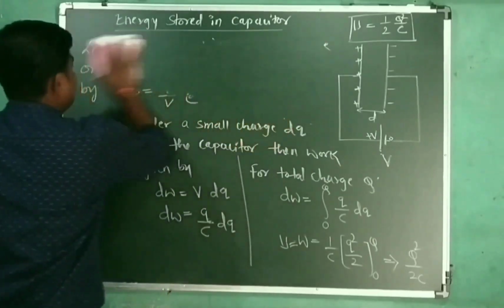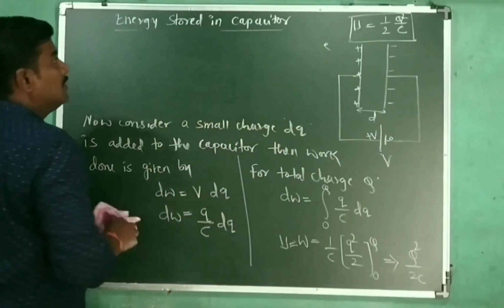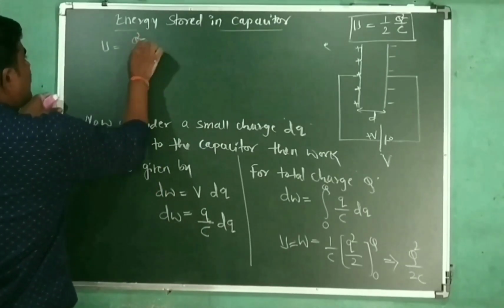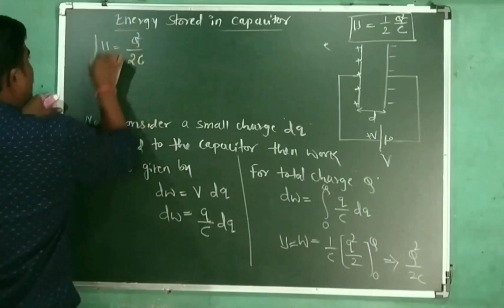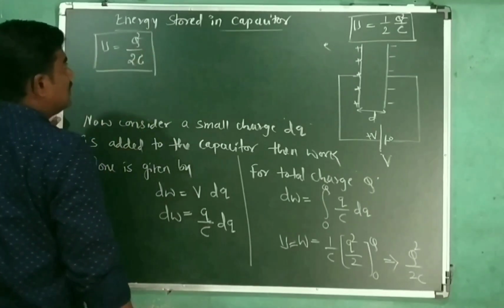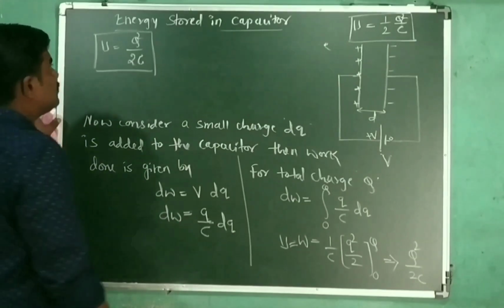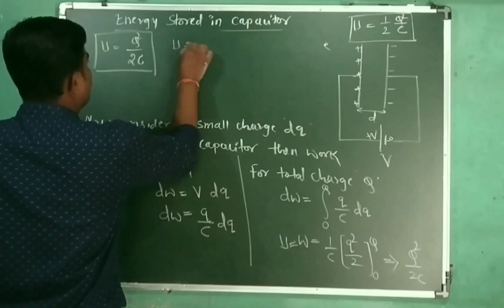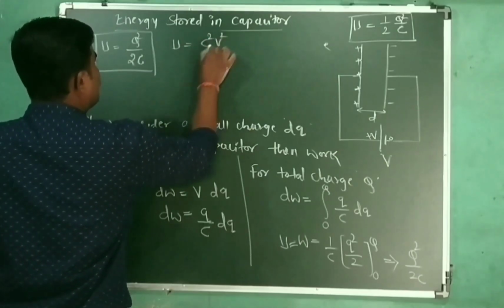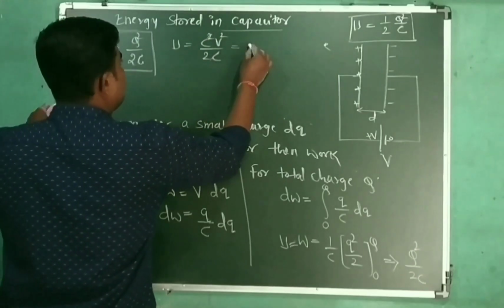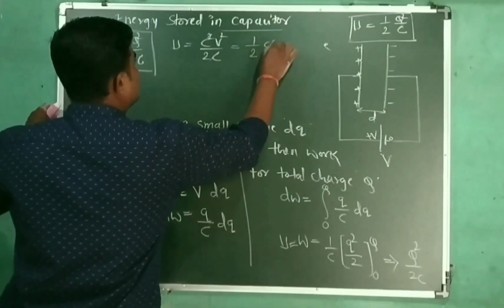I will erase this, and see, U is equal to Q square divided by 2C. And as you know, Q is equal to CV. Therefore I can write it as U is equal to C square V square divided by 2C. So one C is cancelled. What is remaining? 1 by 2 CV square.